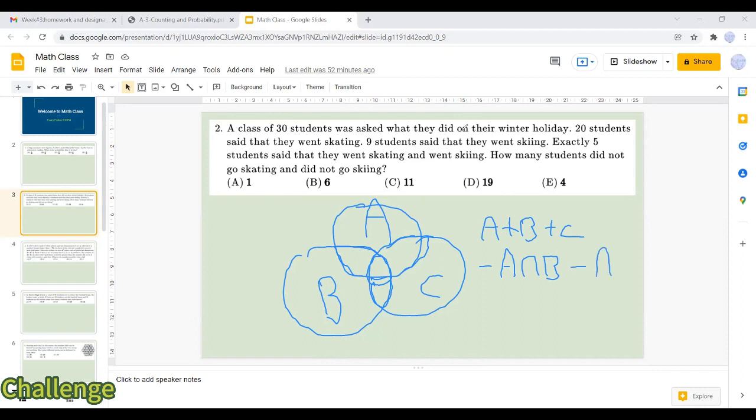And we also have to subtract A and C, and then we have to subtract B and C. Okay, and then after that, let's look at the last cross section. The cross section with both A, B, and C intersecting. So we know that if we have both A, B, and C, then that means we've counted it once inside of A.